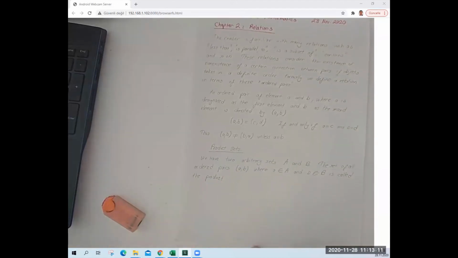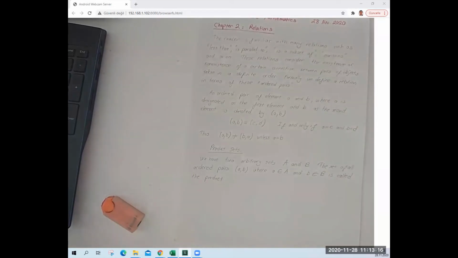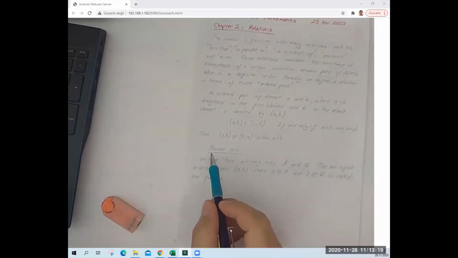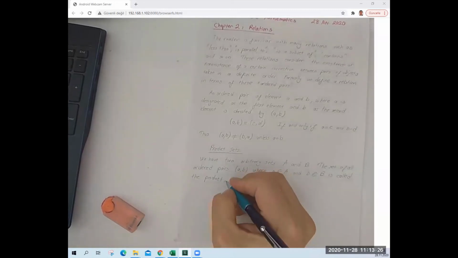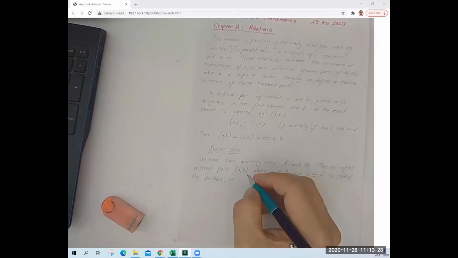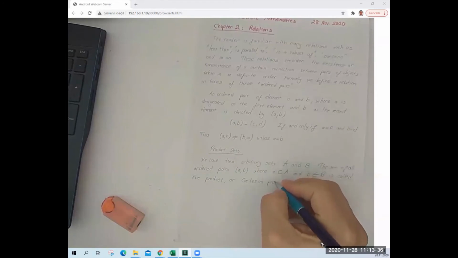So we are defining a relation as a product set. We first have to define the product, or we can say the Cartesian product of A and B. So this is also a relation with those two sets.